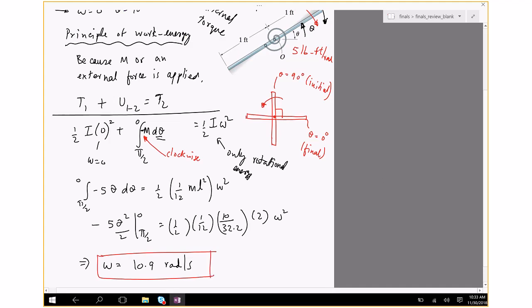Okay, I can post the solution from the book. The book solves this using Newton's laws. But you don't need to use Newton's laws. You can use the principle of work and energy to solve this.